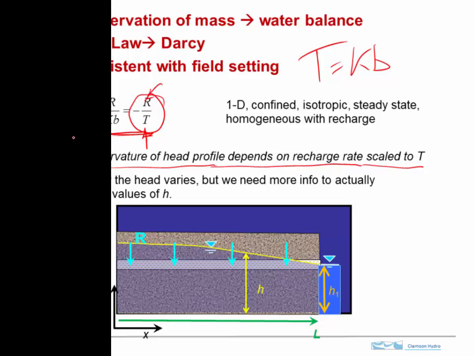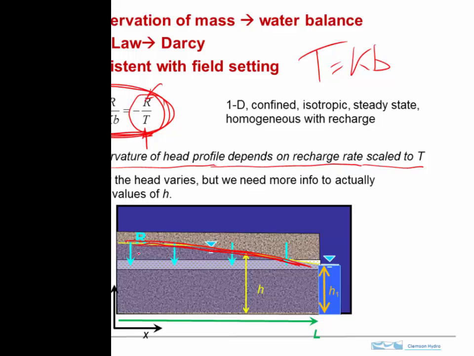This governing equation says how the head distribution has to vary, the rules that it has to obey. But we need some more information to determine what the head actually is, and that information will come in the form of boundary conditions.